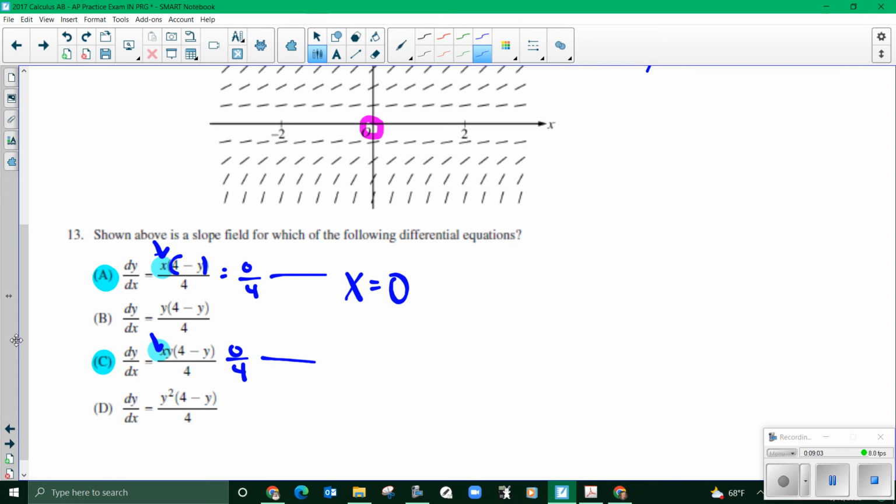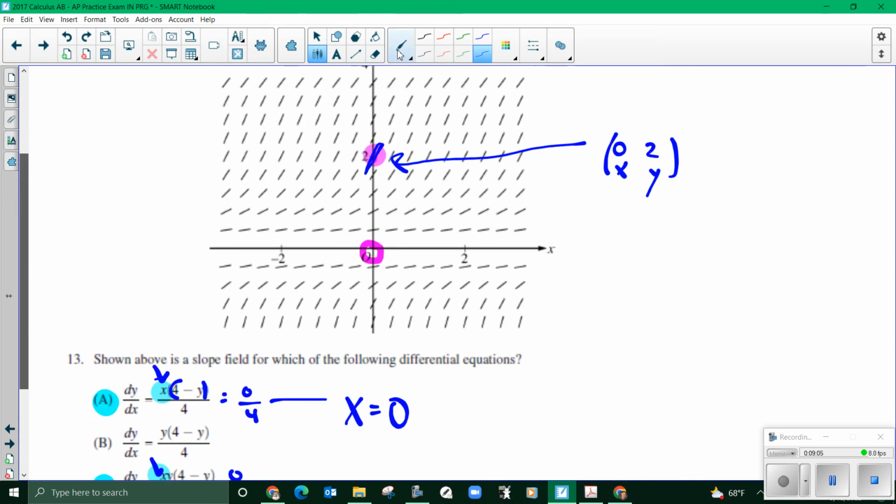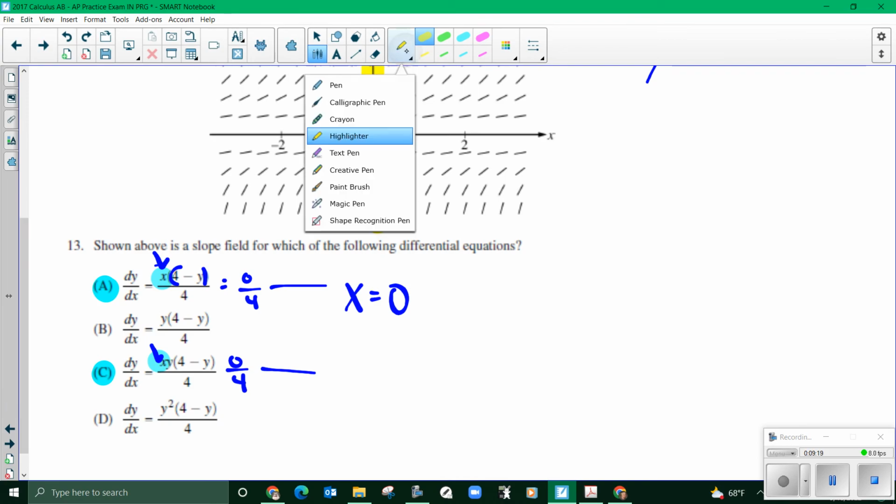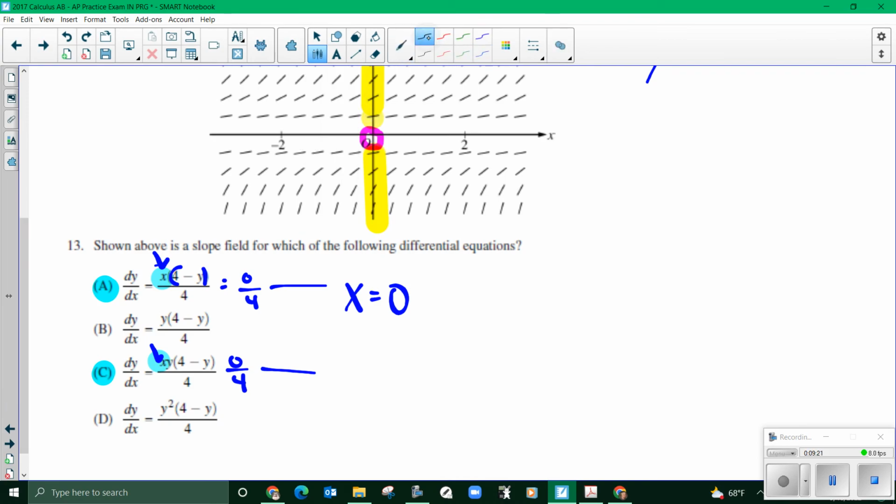Are any of the lines where x is 0 horizontal slopes? No. This is close, but not quite. So they're not horizontal slopes, so my x can't be 0. By process of elimination, it cannot be this one or this one. I'm just going to get those out of sight, out of mind.